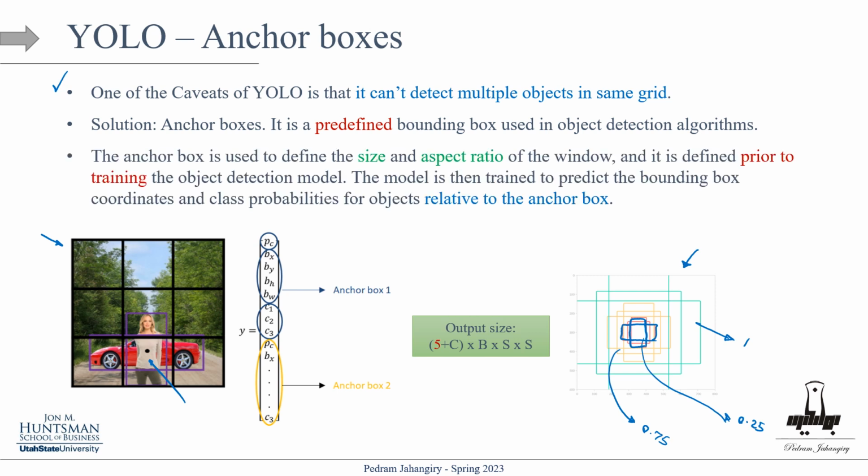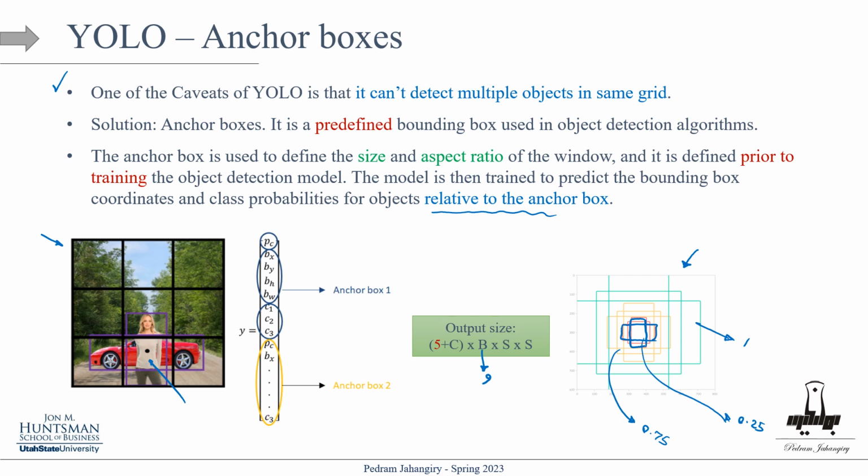The way that it works is that we're going to use these predefined bounding boxes prior to training the object detection model, and the model is then trained to predict bounding box coordinates and class probabilities for objects relative to these anchor boxes, right? For example, here in this input image, let's say we have 9 anchor boxes.